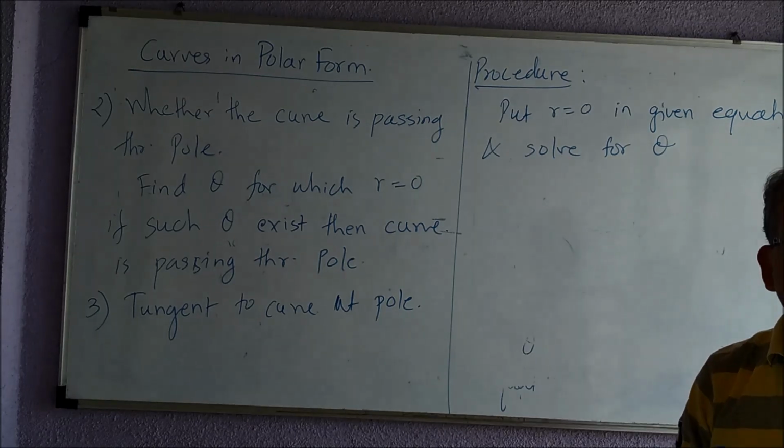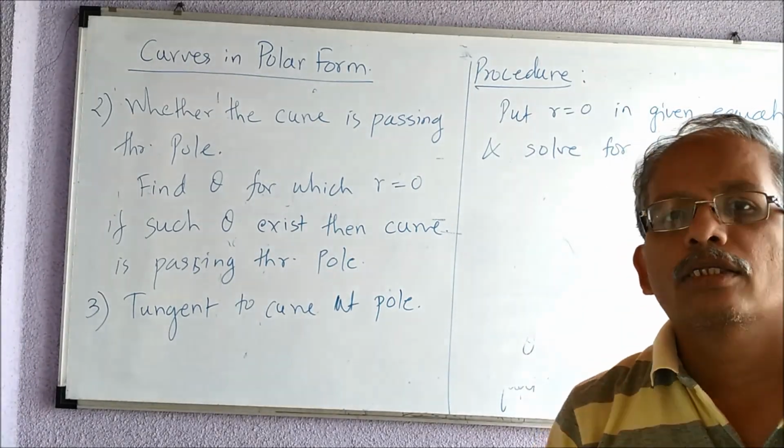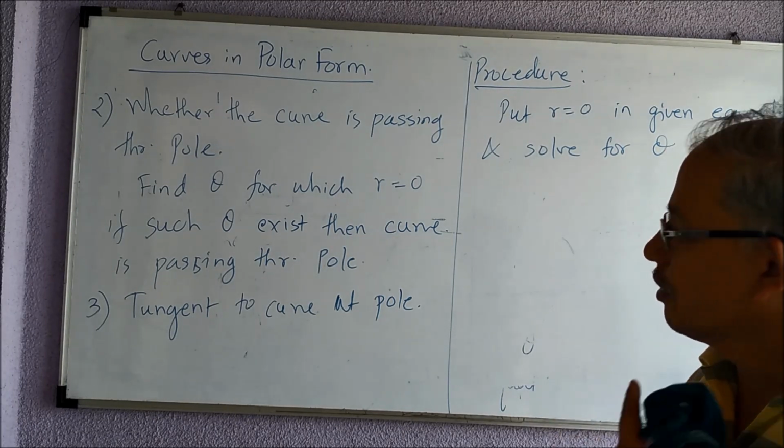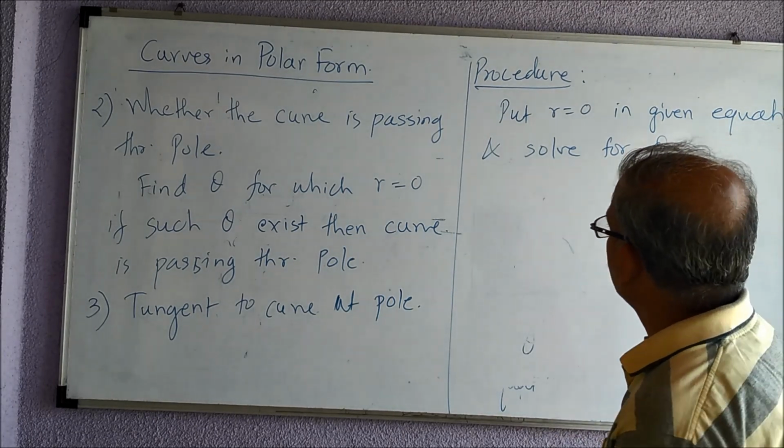Whatever theta you get, those lines will be the tangents to the curve at the pole.